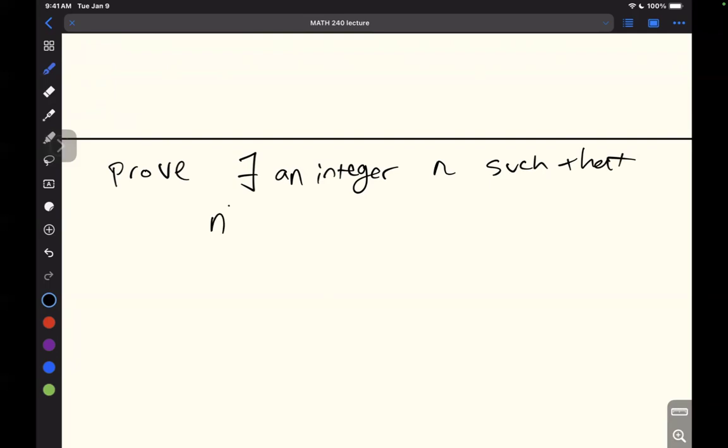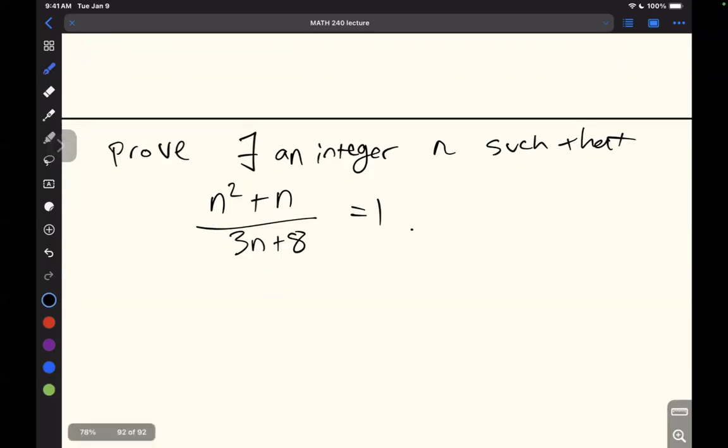For a constructive proof, for example, I'll say prove there exists an integer n such that n squared plus n over 3n plus 8 is equal to 1. So we want to prove that there's an integer. The way to prove this constructively is to solve the algebra. So take a second and work through this and then tell me what is n.